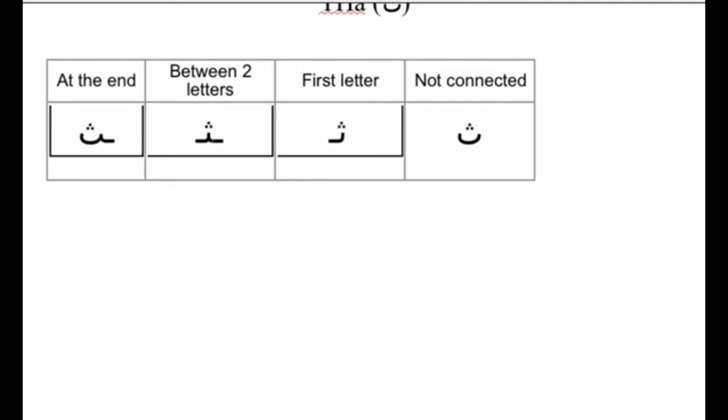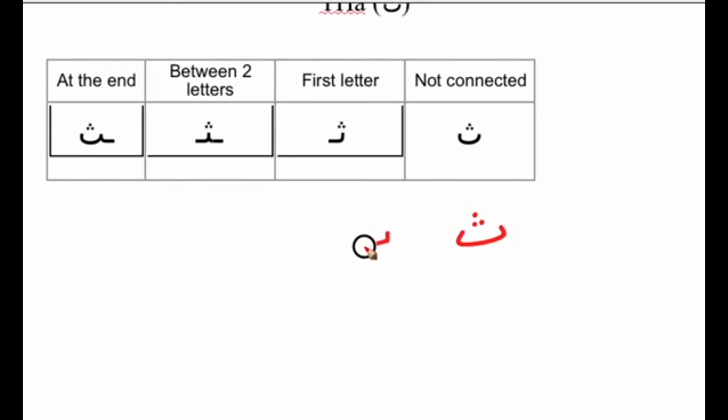Later, after we finish the alphabet, I'm going to organize the letters into groups, so you will see the similar ones together, and we will group them in the easiest way to help you memorize them more and faster. So this is the letter Tha, as we see in front of our eyes here. It is like a dish, and you put 3 dots, as simple as that.